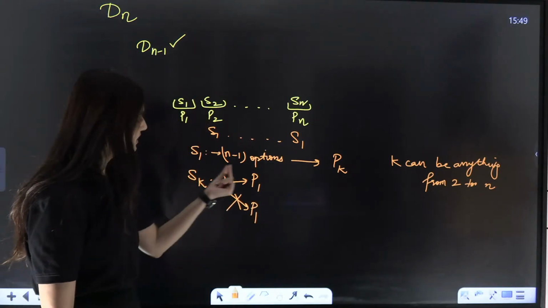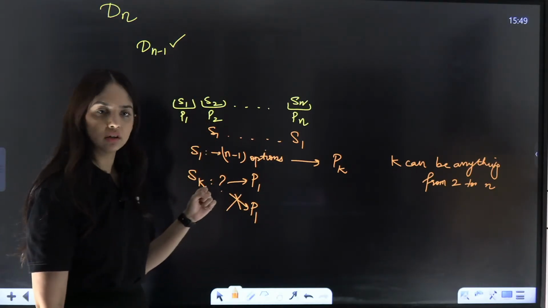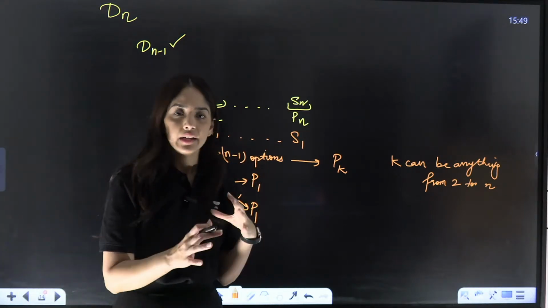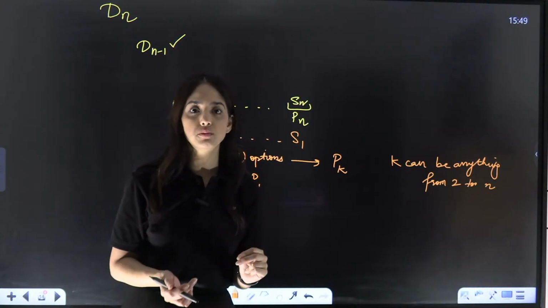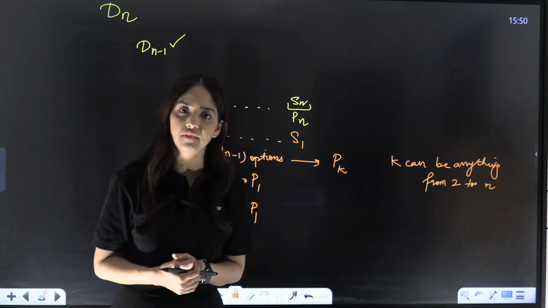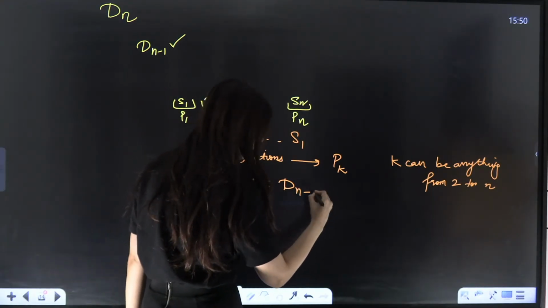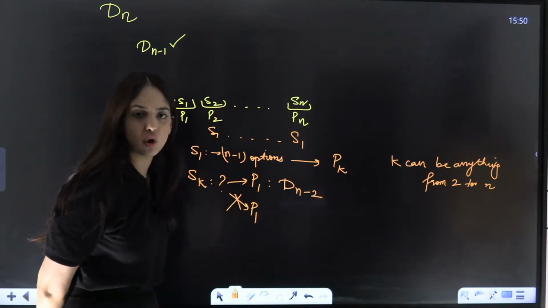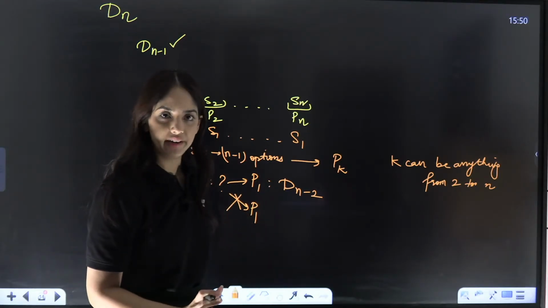Now, if Sk goes to P1, that means I removed two of the objects, and the remaining problem remains the same. Now I have n minus 2 objects that cannot sit in their original positions, and their original positions are available, right? So that means I have D(n minus 2) ways of arranging the remaining objects, right?